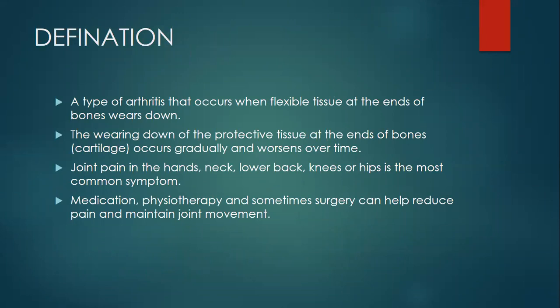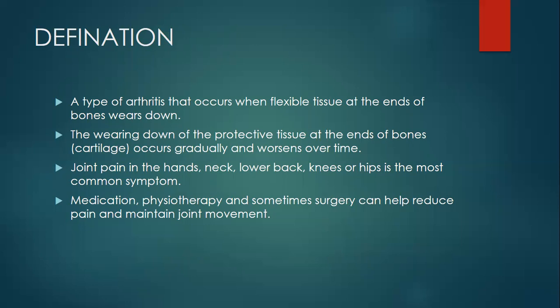According to the definition, osteoarthritis is arthritis that occurs when flexible tissue at the ends of bones wears down. The wearing down of the protective tissue at the ends of the bone, that is the cartilage, occurs gradually and worsens over time. So I won't read it all, and I'll also share this PPT with you all in the other groups.